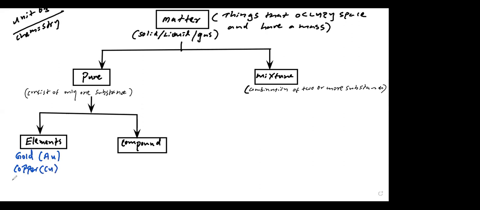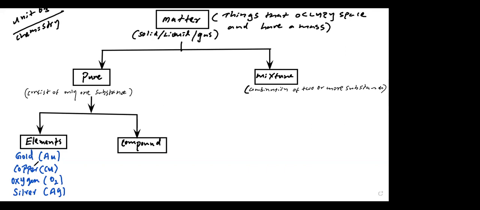These are elements. Even oxygen gas, O2, is pure, an element. Silver is Ag, copper is Cu, gold is Au.